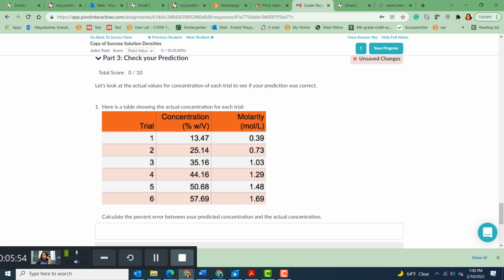My predicted concentration is 16, minus the actual one, 13.47. The difference is 2.53. Okay, 2.53.